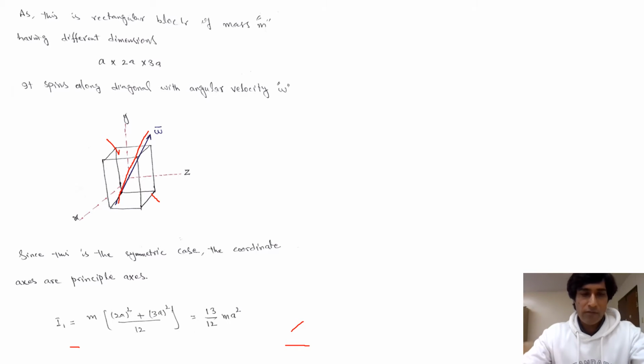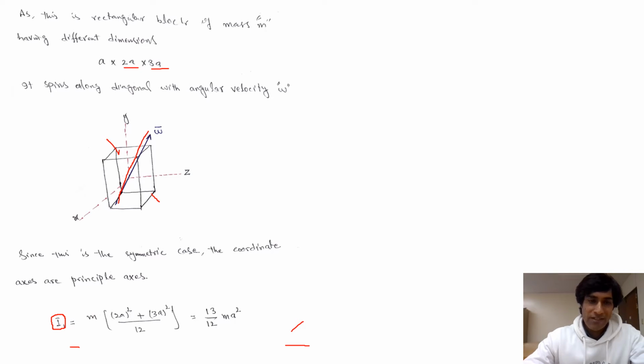First we find the moment of inertia I1, which is equal to m into 2a square. Here 2a is one dimension, 2a is the second dimension, and 3a is the third dimension. So I1 should be equal to m into (2a) whole square plus (3a) whole square divided by 12.